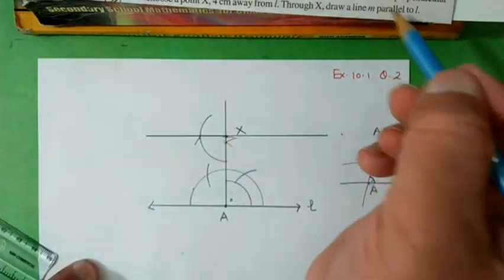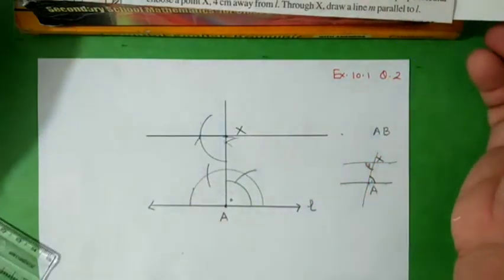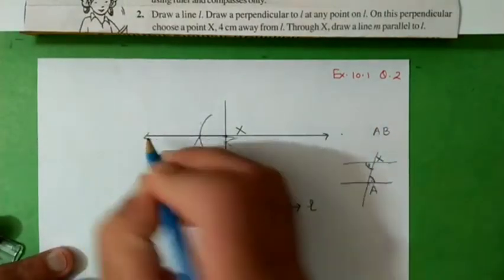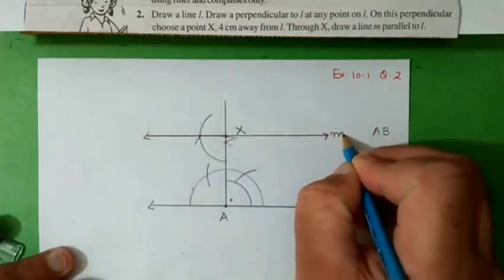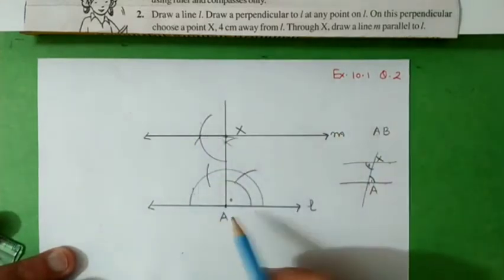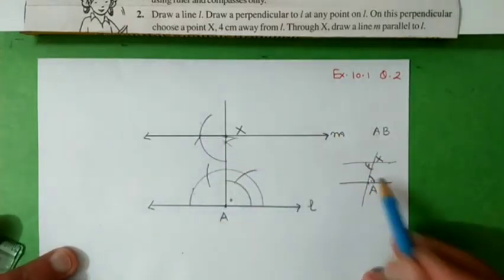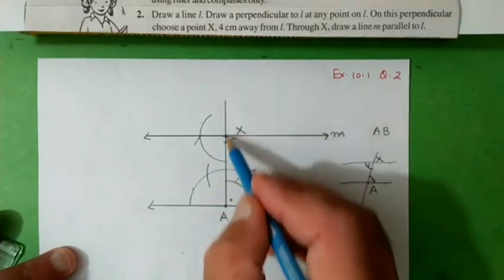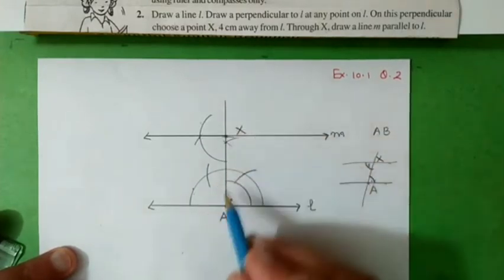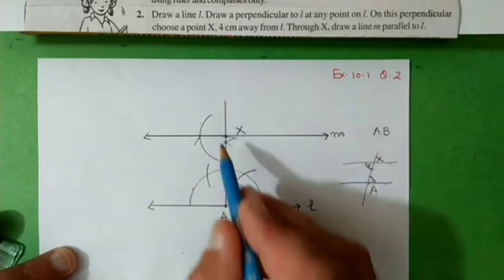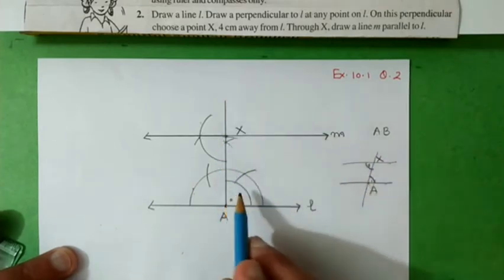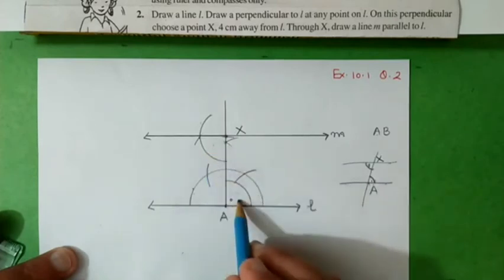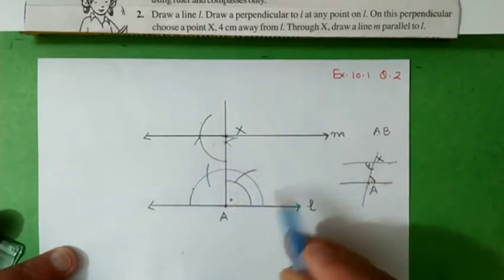So this is my other parallel line, which is line M, which is parallel to line L, and I will name it M. So like this, these 2 alternate angles have the same measurements, and from the point A, which is the perpendicular point, and X, with the help of A and X, I have drawn here parallel lines.